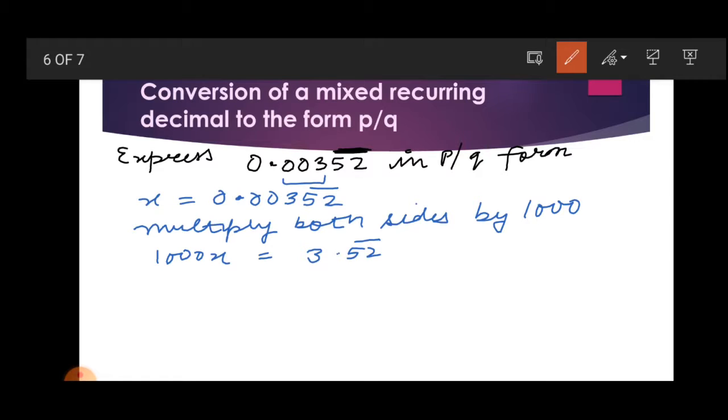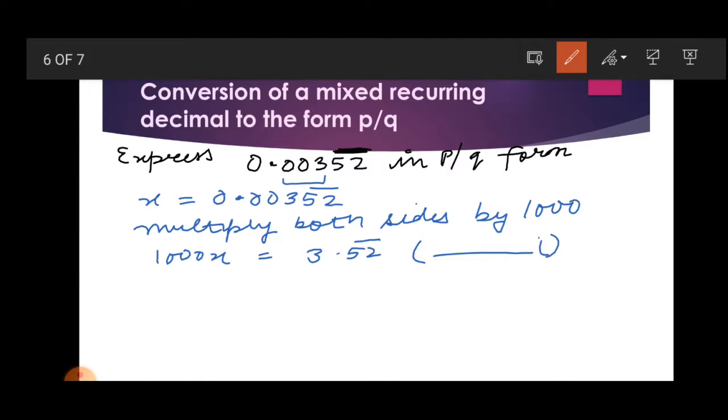Now only the repeating decimal is left on the right side of the decimal point. 5, 2 is the repeating decimal. So we have 2 digits after the decimal point, so multiply the equation by 100.